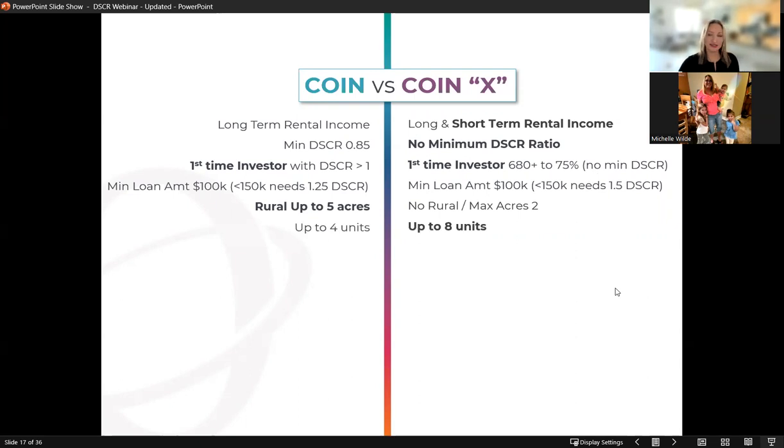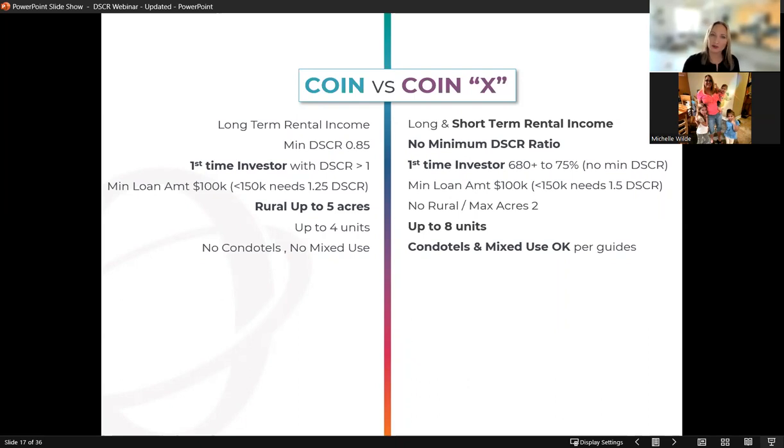Coin X is unique in that it goes up to 8 units. So that is awesome. That's a huge perk. Coin does not allow condotels or mixed use, but Coin X will allow condotels and mixed use. On a condotel, make sure it has a bedroom. That is one of our guideline requirements. It can't be like a studio hotel room looking thing where everything is together.